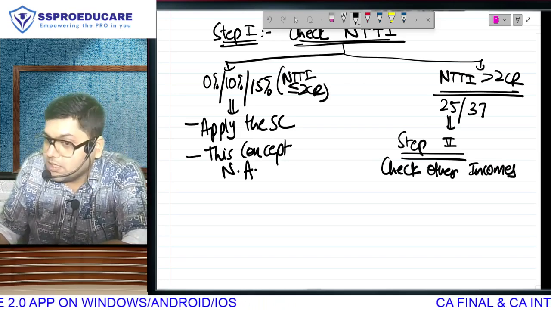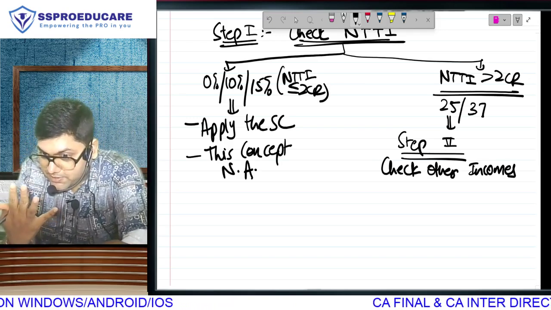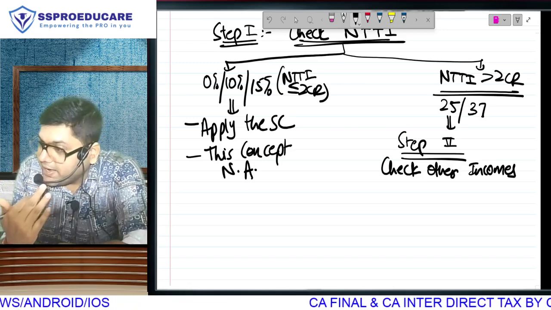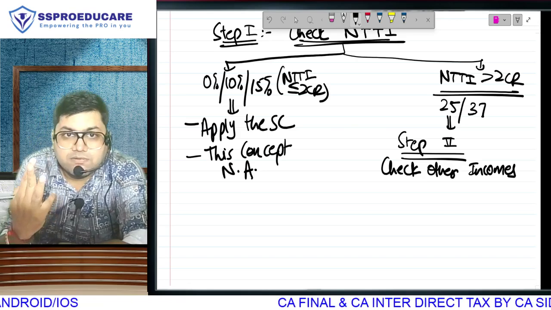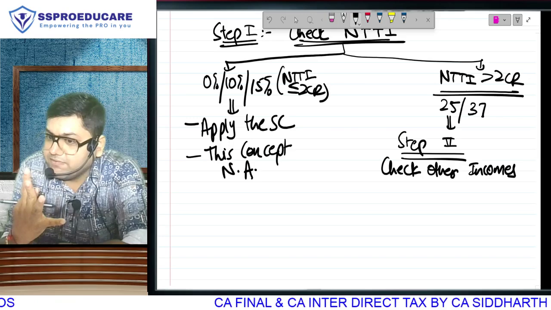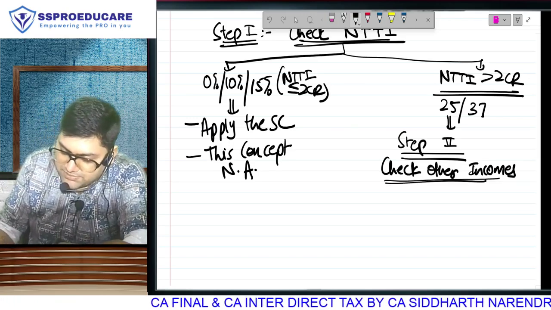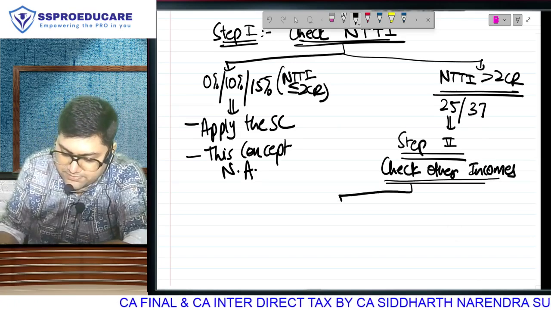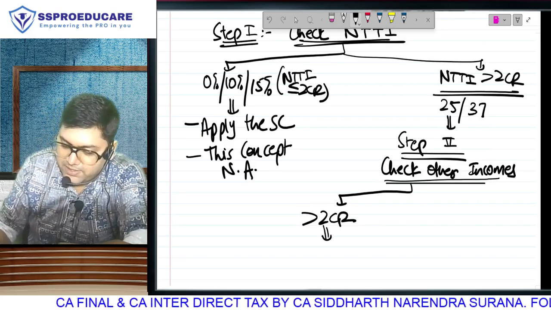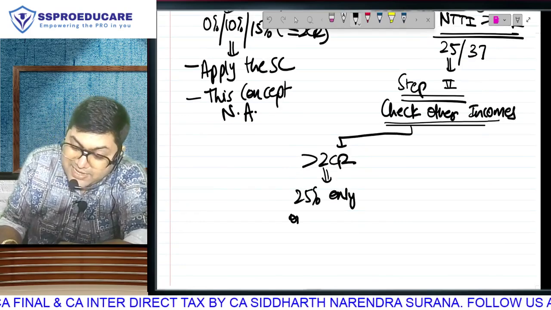Check what? Other. When I say other income, means other than 5 special incomes. Which are the 5 special incomes? 111A, 112A, 112 dividend, 115AD. Say it again, please. 111A, 112A, 112 dividend, 115AD. Other incomes ko check karo. If the other incomes are exceeding 2 crore, so you will apply 25% only on that part.